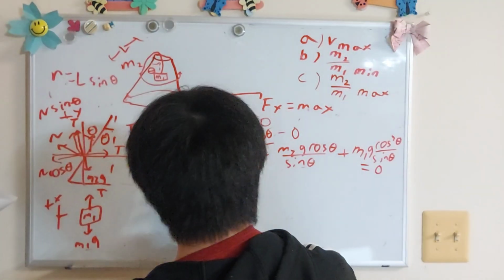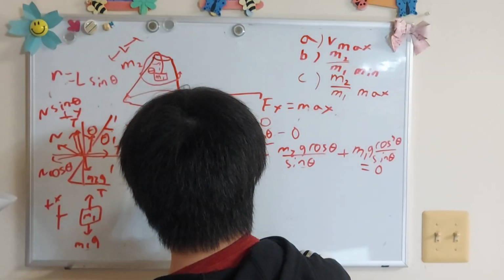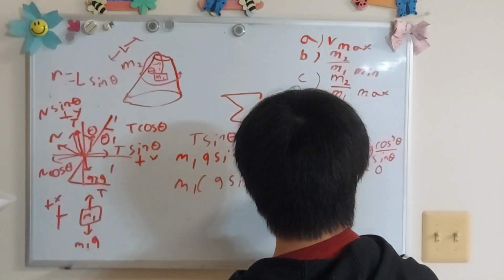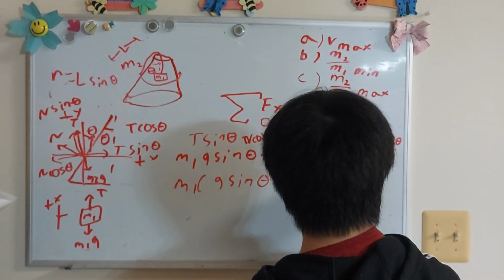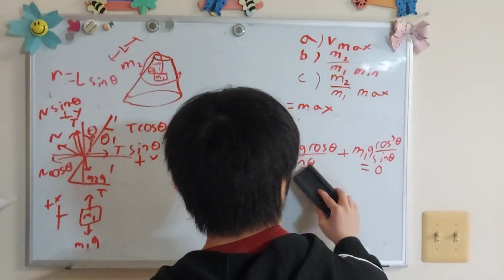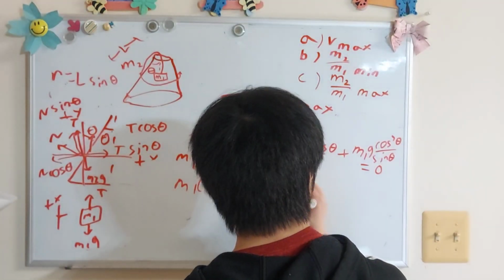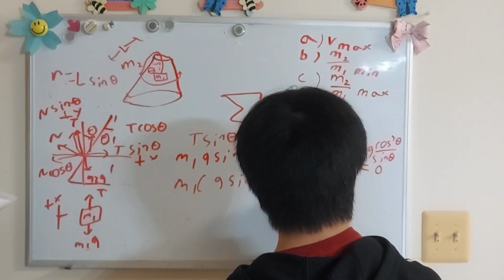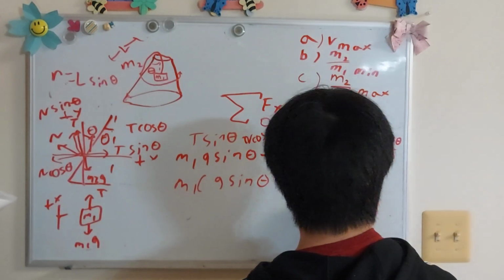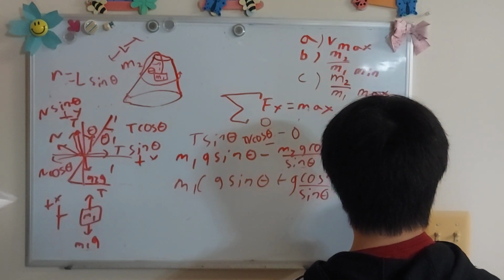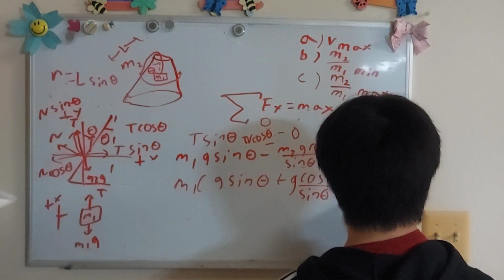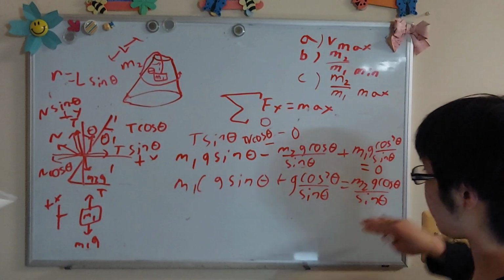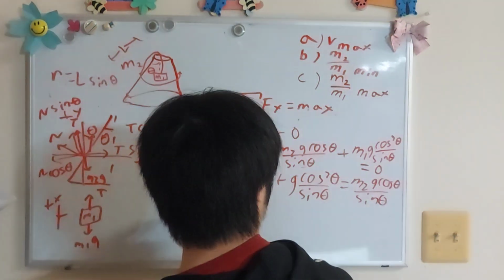To solve for a ratio, we just move m1 to one side and m2 to the other side. Divide both sides by whatever is here, and divide both sides by m1.